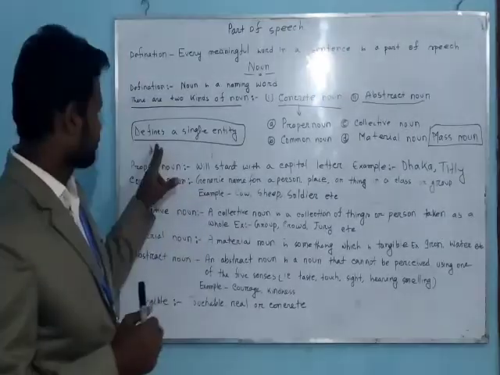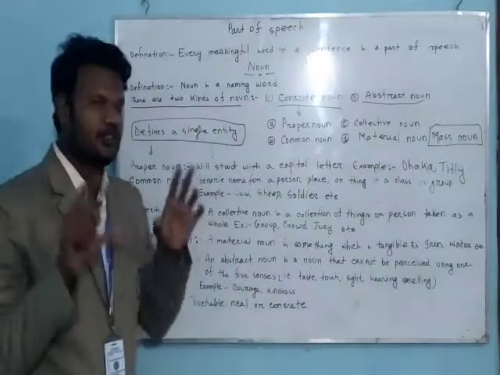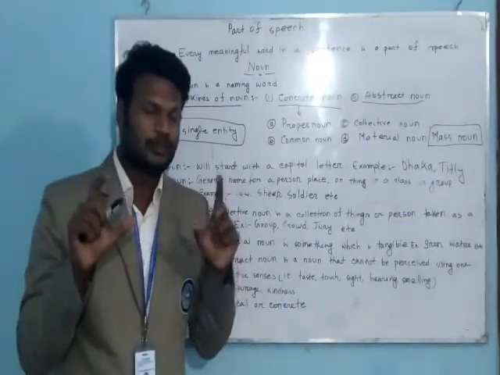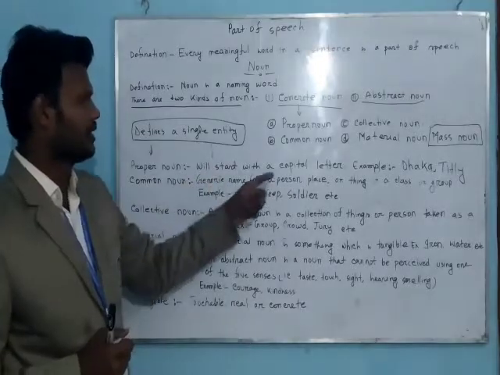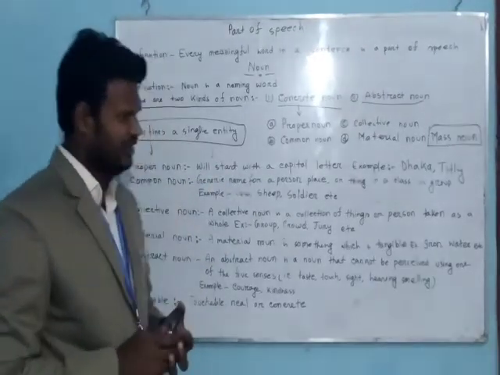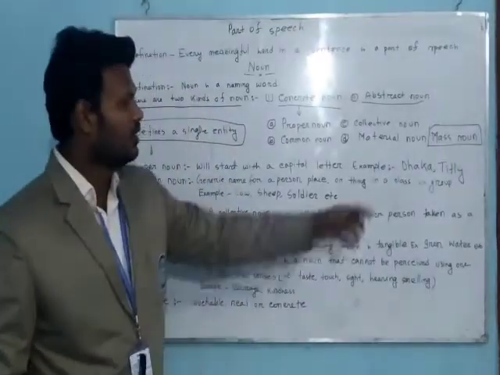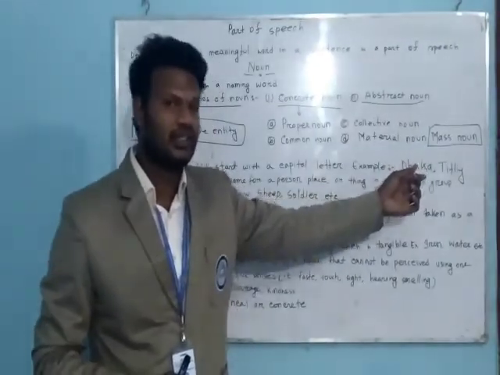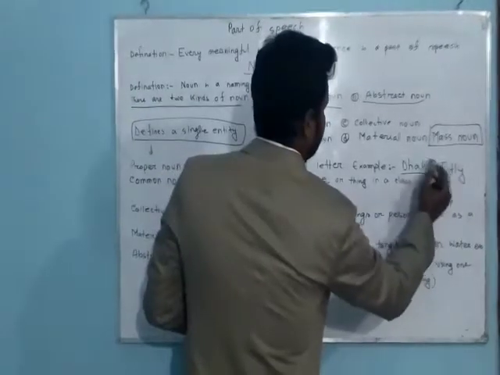Proper noun defines a single entity. That is, the name will be of a single person, single thing, or anything. So, it will start with a capital letter. For example, Dhaka or Tifli. Dhaka is the capital of Bangladesh, and this is a single name, a single place.